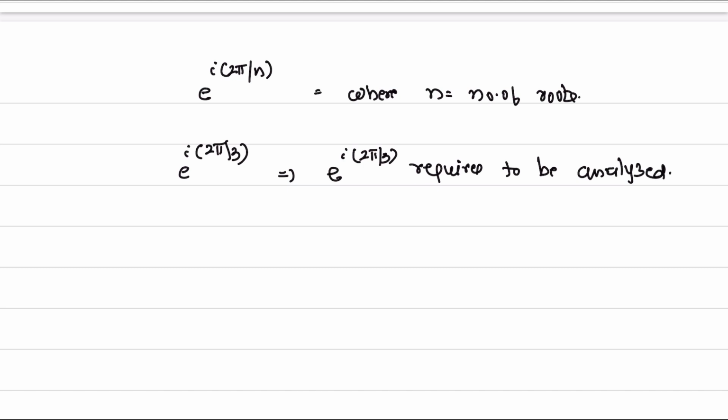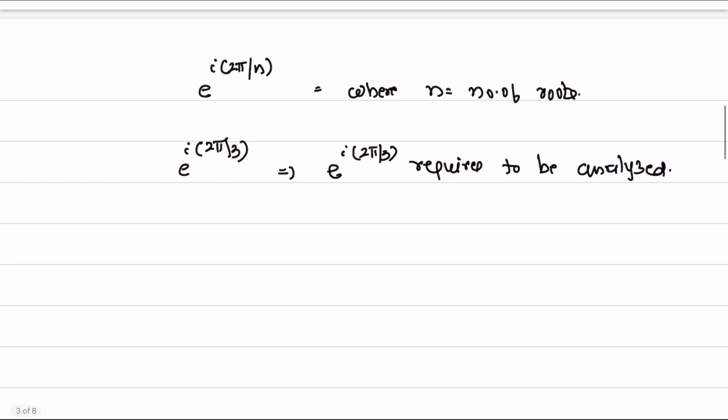If you could not understand, please give me a message in the comments. e to the power of i into 2 pi by n, where n is equal to number of roots we require. For example, e to the power of i into 2 pi by 3 requires to be analyzed.